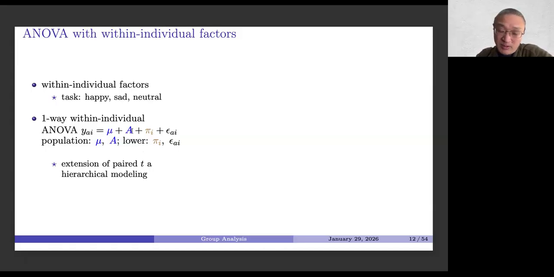The blue terms at the top are at the group level. The orange one is the lower level, at the individual level. The lowest is the interaction between each factor level and the individual. So that's three levels.